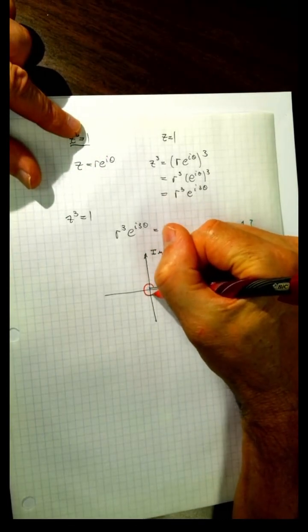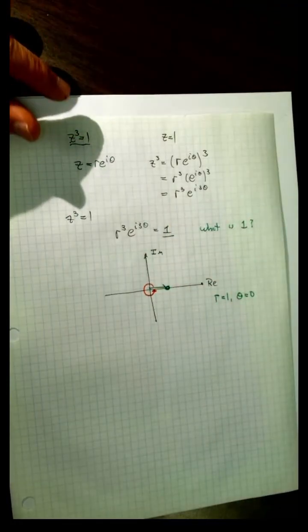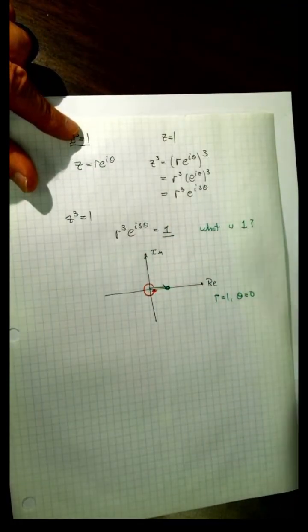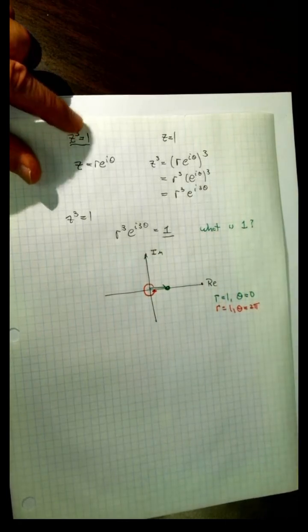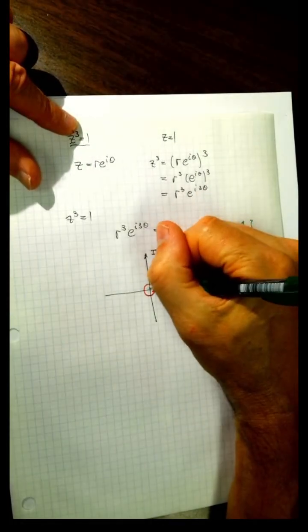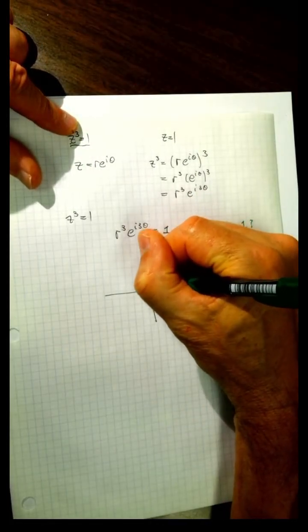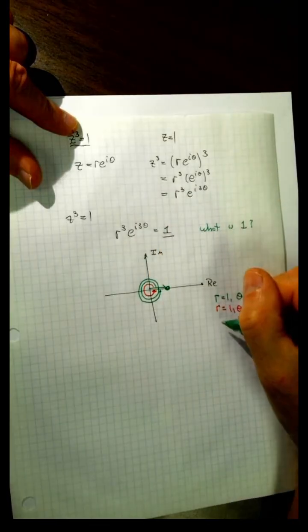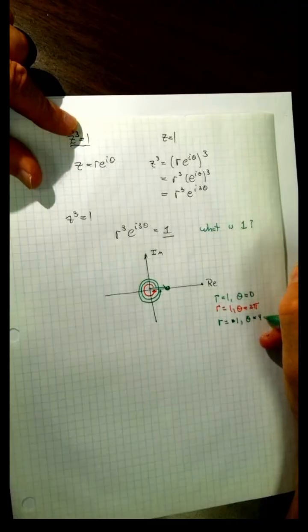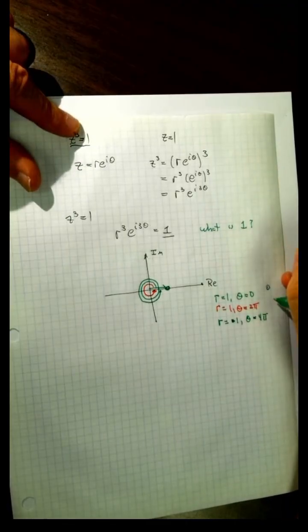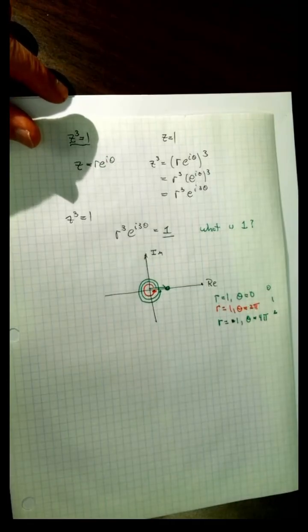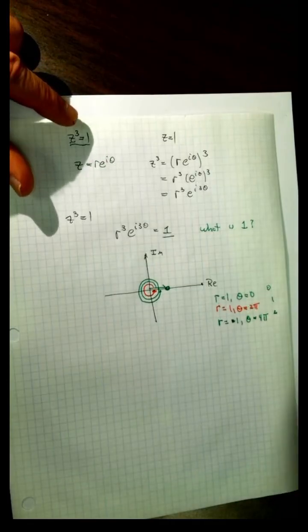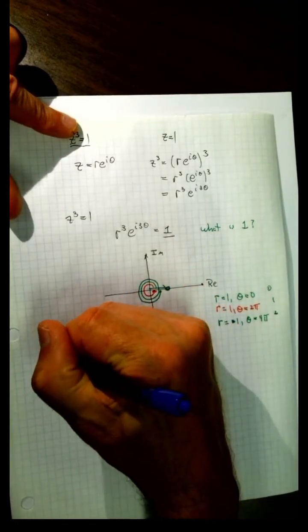If I were to go around one whole revolution, I could get r equals 1 and theta equals 2 pi. Could also go around 2 revolutions. So I can get r equals 1 again, but theta equals 4 pi. So that's 0, 1, or 2 revolutions. So what does that mean? That means then that I have 3 situations.